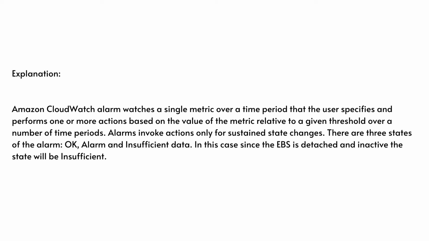Alarms invoke actions only for sustained state changes. There are three states of the alarm: OK, alarm and insufficient data. In this case, since the EBS is detached and inactive, the state will be insufficient data.